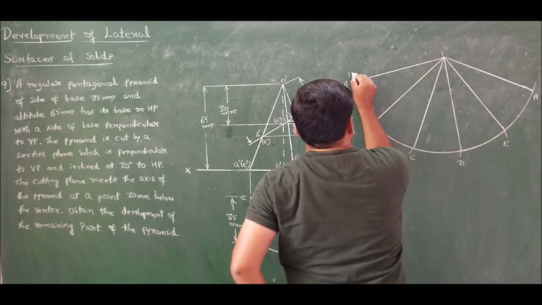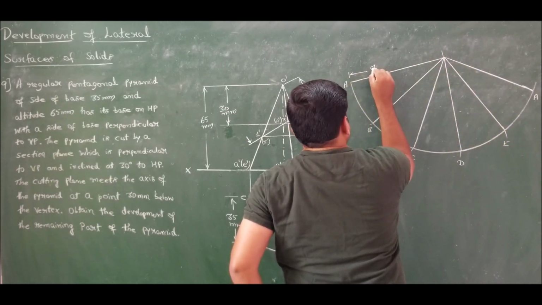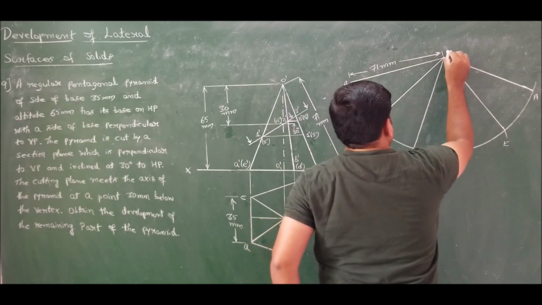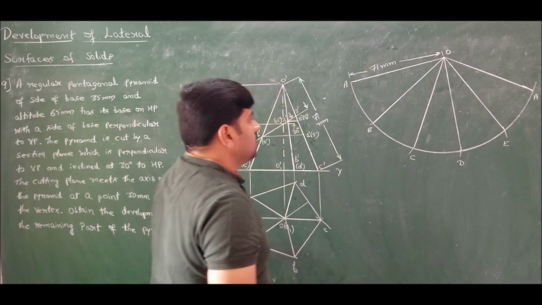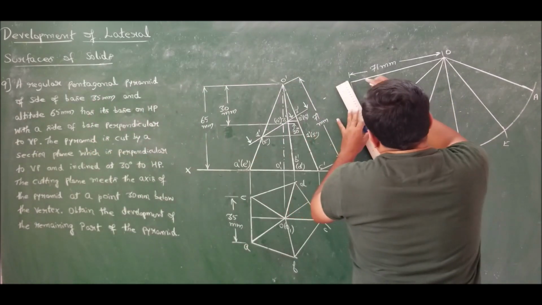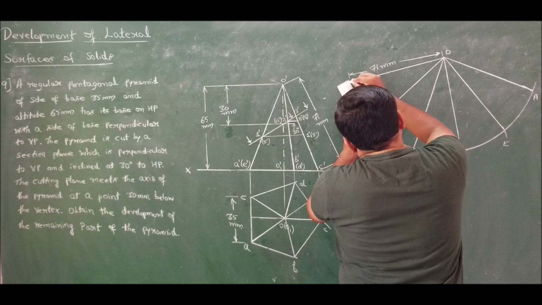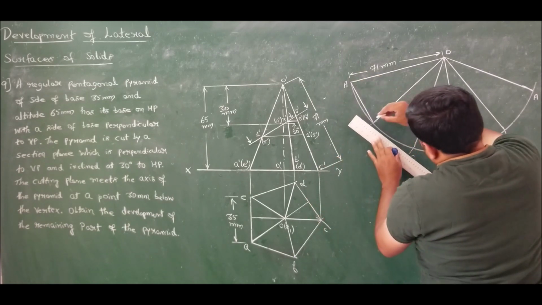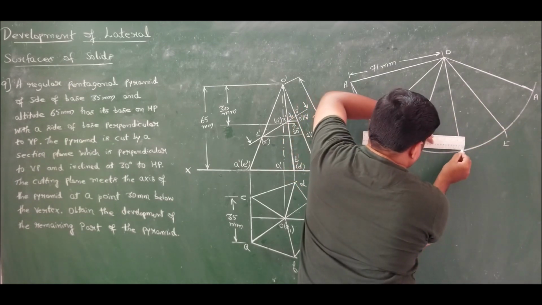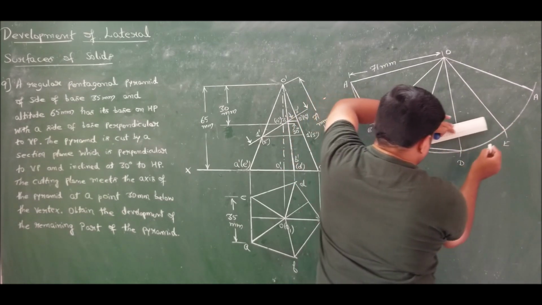We know that this dimension is 71 mm. Now since this is a pyramid, we will get sharp base edges, it is not curve. So connect A, B, C, D with sharp edges at the bottom.